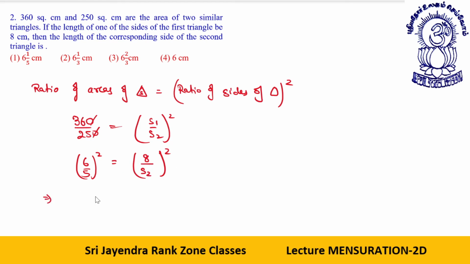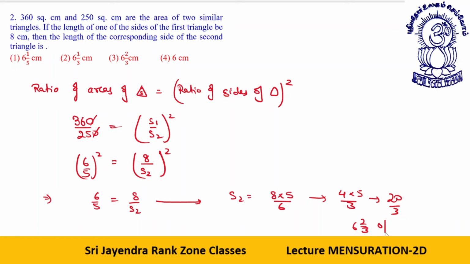Therefore 6 by 5 is equal to 8 by S2, or S2 is equal to 8 into 5 by 6, which is 4 into 5 by 3, that is 20 by 3, or 6 2 by 3. Option number 3 is the answer.